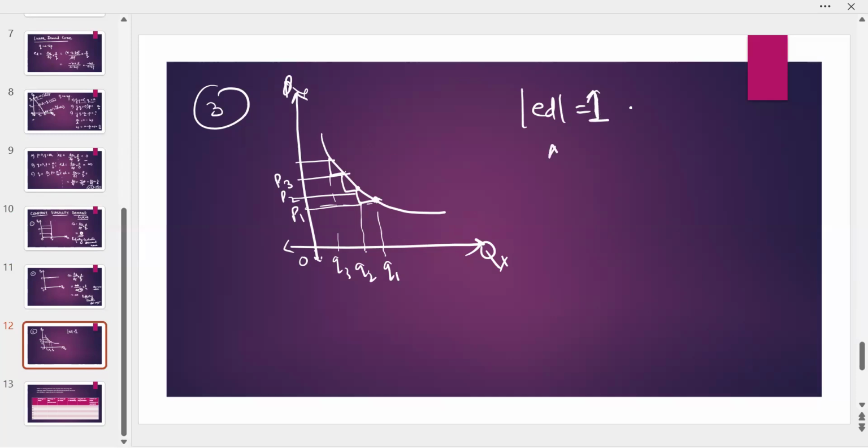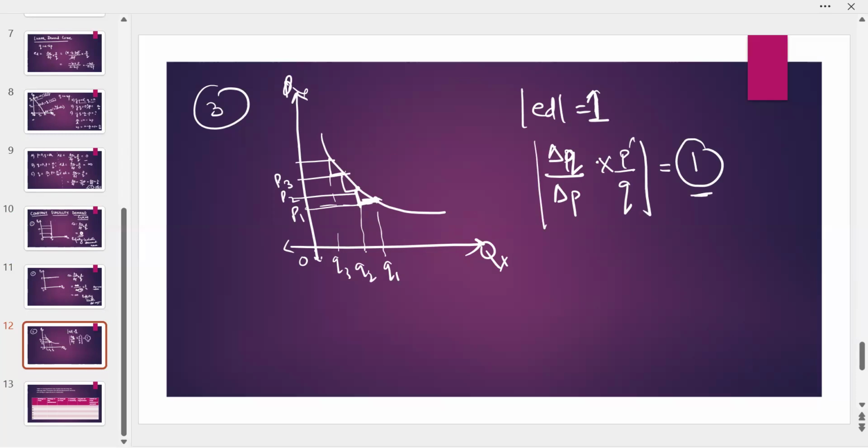What does it mean? This is del Q upon del P into P on Q. It is 1. Basically, the absolute value is 1 at all levels.